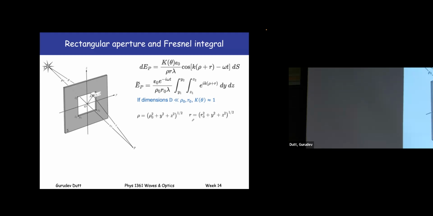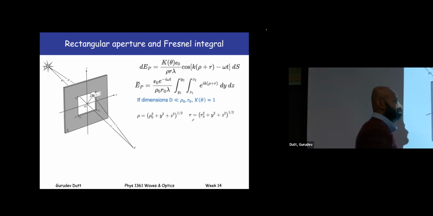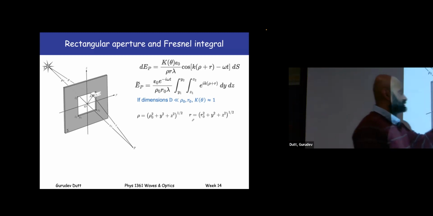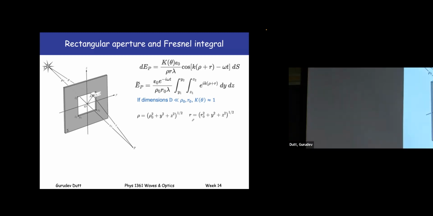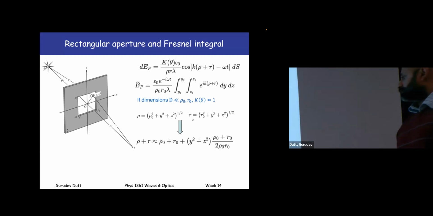To do that, we again use these coordinates. The point A lies in the YZ plane, so it has coordinates rho naught, y, z. So I write rho as the square root of rho naught squared plus y squared, and r as the square root of r naught squared plus y squared plus z squared, and then we can expand those again using the binomial theorem, and we get this term over here.